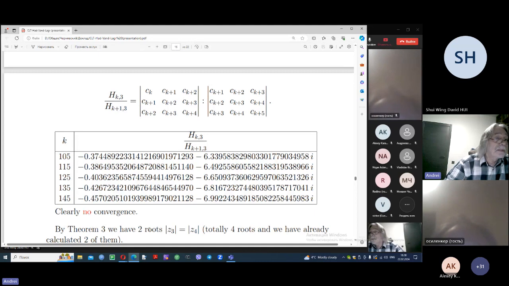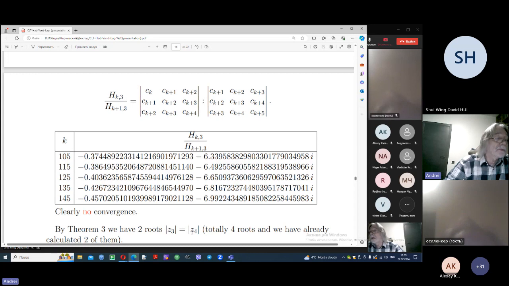That simply means that there are at least two roots that are equal in modulus. We know that there are 4 roots, and we have already calculated 2 of them. So now it simply means that there are 2 roots left, and they are both equal in modulus.